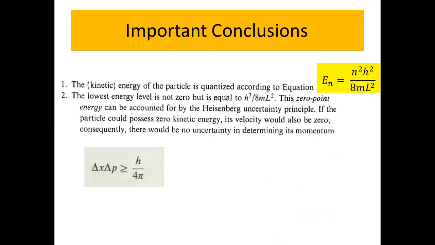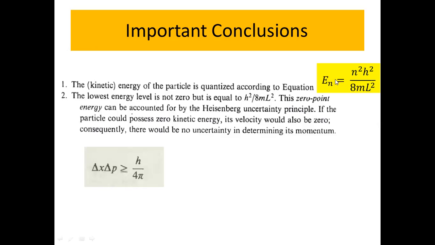So these are our important conclusions, and we will be carrying these conclusions forward to discuss further in the coming lectures. The first one is that the kinetic energy of the particle is quantized according to the equation, which we derived when we were deriving the equation for the particle in a one dimensional box.